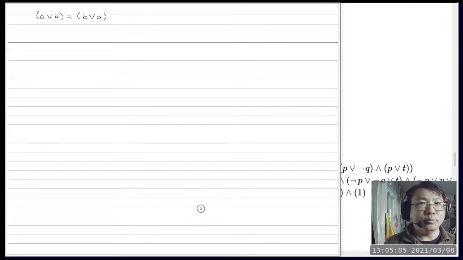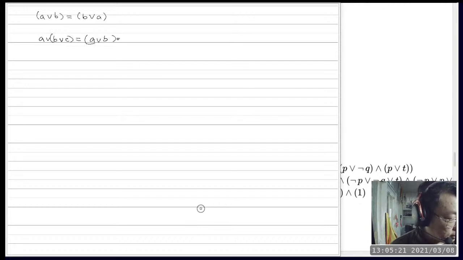And everything in Boolean algebra can be proven using a truth table, so you can just go ahead and use a truth table if you want to. Another one is A or B or C is A or B, the whole thing, or C. This is associative. These are fairly simple stuff that we kind of know already.